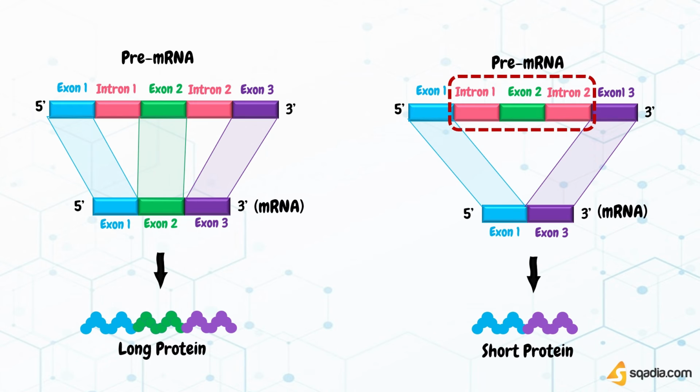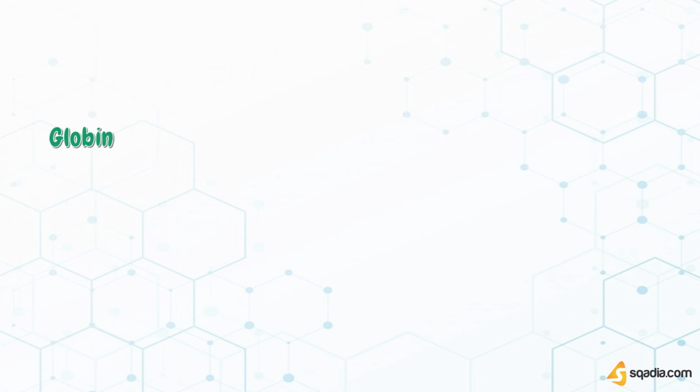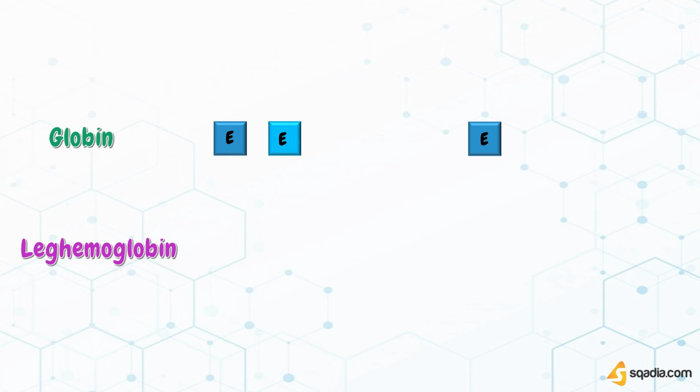Moving forward, the exon structure of globin genes corresponds to protein function, but leghemoglobin has an extra intron in the central domain. Both alpha and beta globin genes have 3 exons and 2 introns in conserved positions.